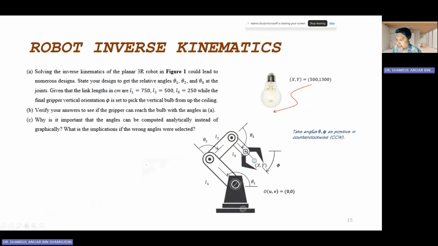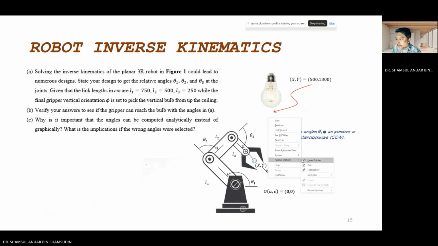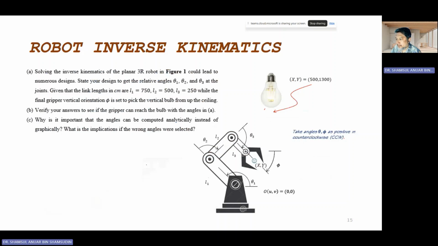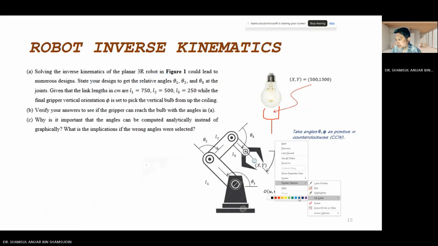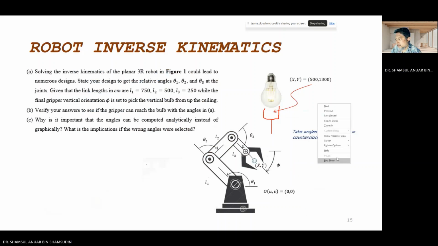And meaning the third arm here should be pointing up. So this should be the gripper, pointing like that. And what do we call that angle? What do we call that angle?